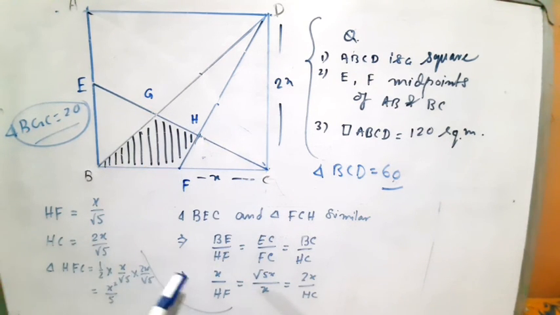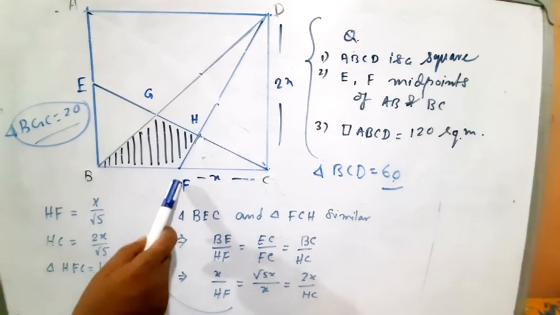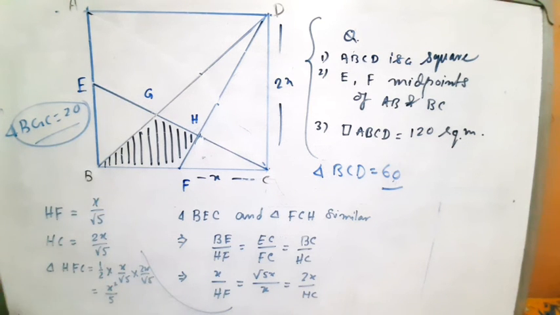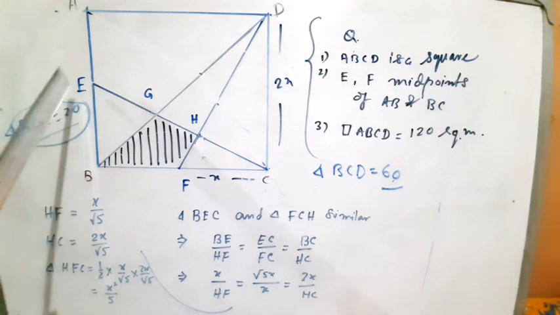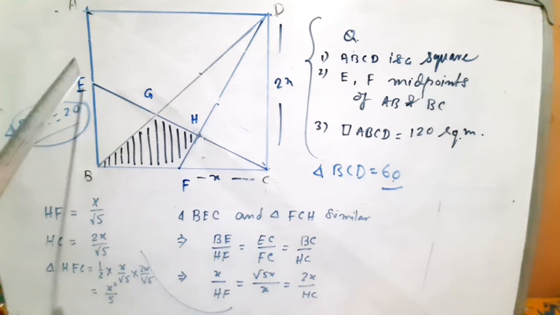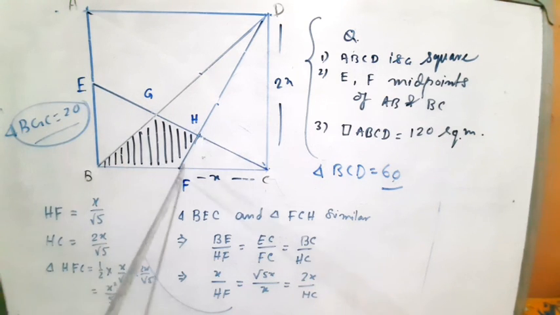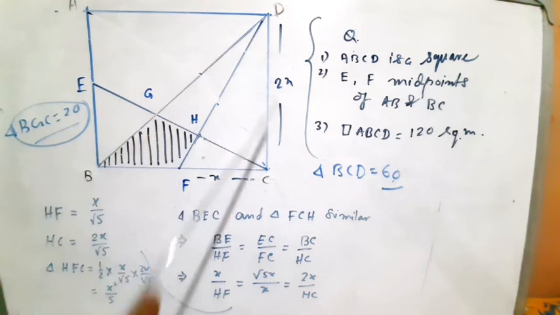Check, triangle EBC and triangle FHC are similar. How? You can easily prove it. Check two triangles BEC and DFC. FC is half of BC, BE is half of AB. That means BE equals FC. I have taken the value of FC equal to x and BC equals 2x.